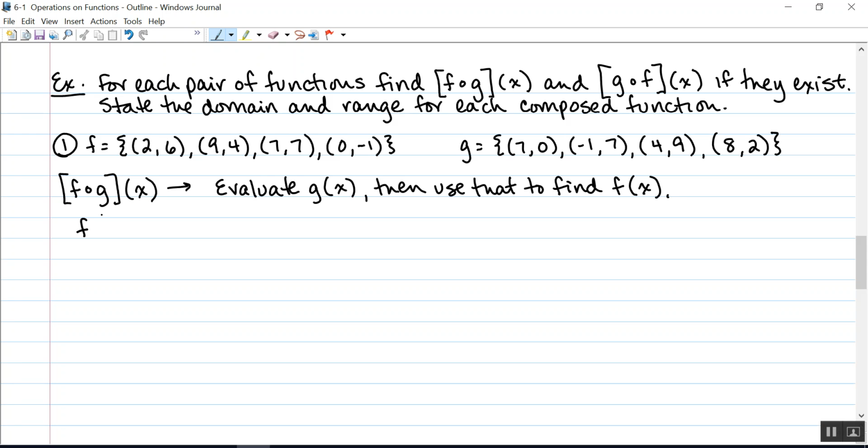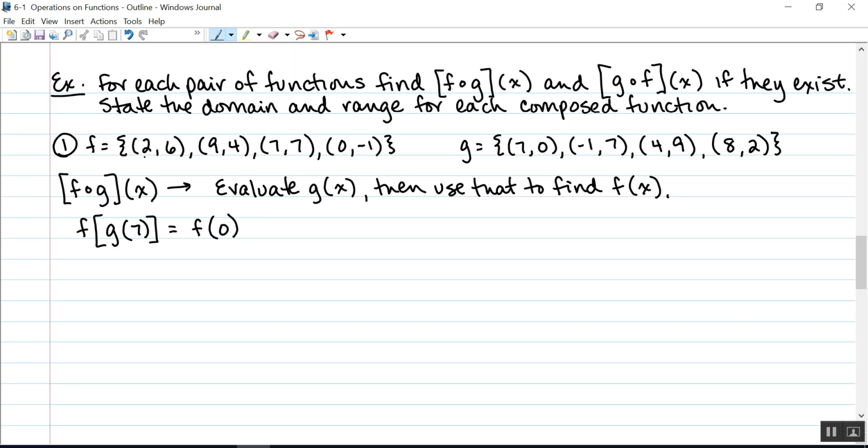So this is the way I'm going to write it. I'm going to do f of g. Now I'm going to go to my g function over here and insert each x. So f of g of 7, because remember this means f of g, so g is inside f. I'm going to take my first x in g, and that's the same as f of 0, because when I evaluate g of 7, 7 being the domain, I get 0 as my range.